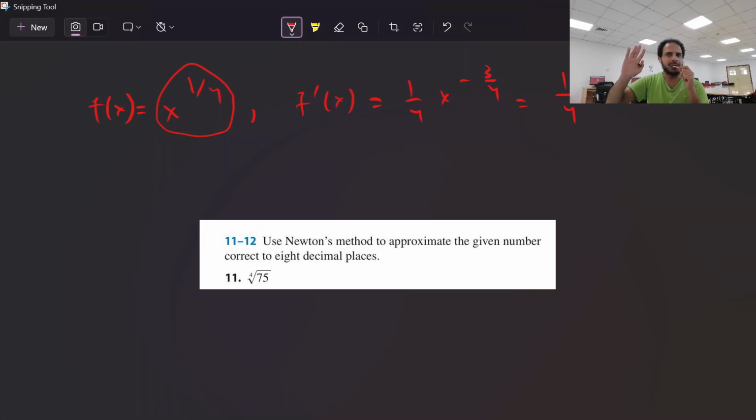I don't know yet whether it will be longer or not, but the point is that I want to approximate the 4th root of 75, right? But here, if I am using this as a function, then I will be calculating things more complicated than 75 itself, right?